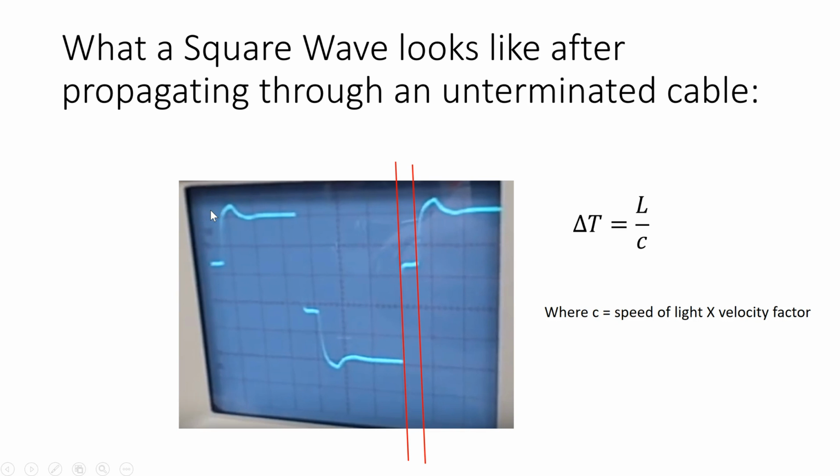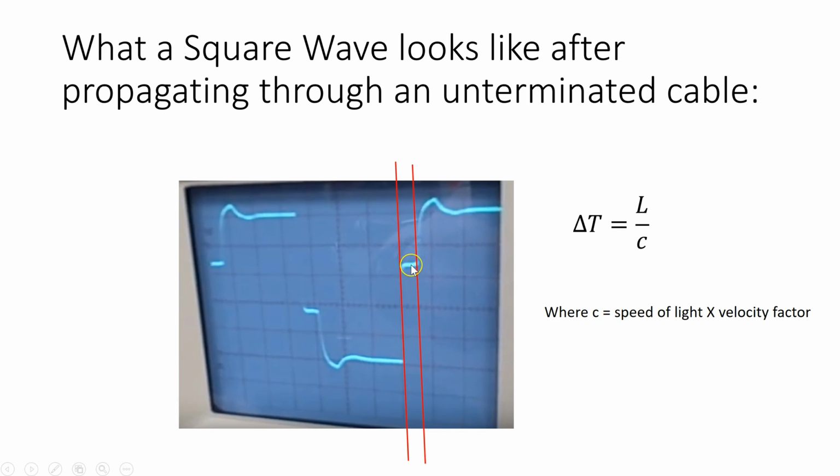Here is an oscilloscope connected to a square wave generator, but via a long coil of unterminated coaxial cable. So you can sort of see the underlying square wave here, but you'll notice it's got this funny shoulder and blip on it here. What is this?